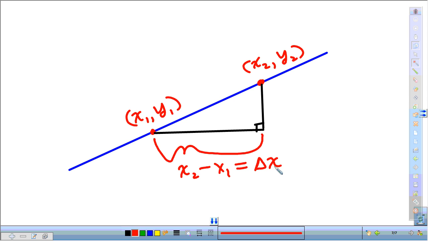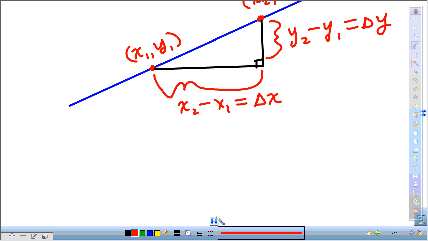So it's the difference between the x coordinate values. The other side, what we had called the rise, is the change in the y's, so where we end up minus where we started.